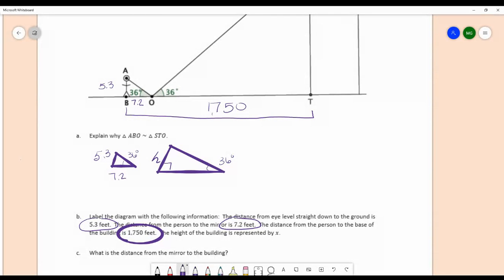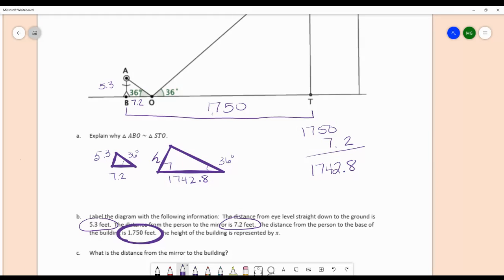Nope, it's not 1,750. That's the whole distance all the way to the person. So we can subtract 1,750 take away the 7.2, the distance from our person to the mirror, and we get 1,742.8. So that's this number.